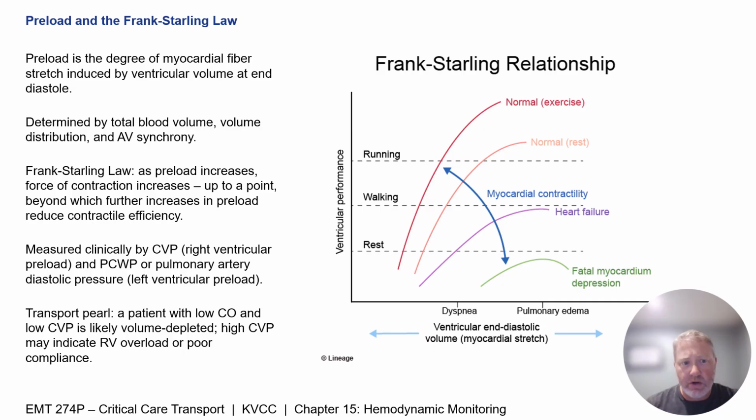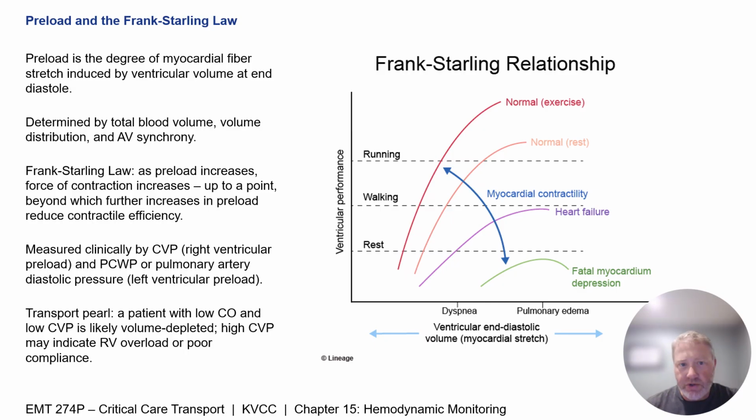The Frank-Starling relationship explains that greater filling generally increases contraction strength up to an optimal point. Beyond that point, further volume does not improve output and actually may worsen cardiac congestion.